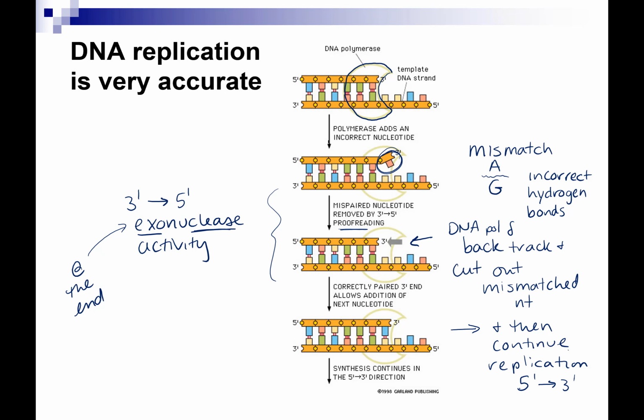Nuclease means it is breaking phosphodiester bonds. And so this 3' to 5' exonuclease activity allows the DNA to correct mismatches. It allows what we call proofreading, kind of like backspace when you're typing and you make an error.